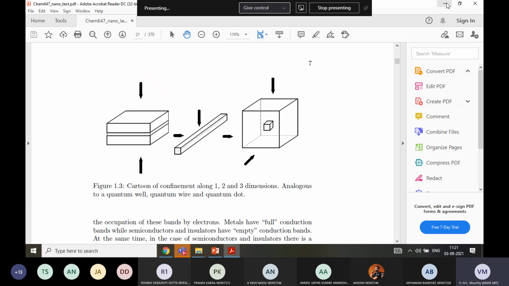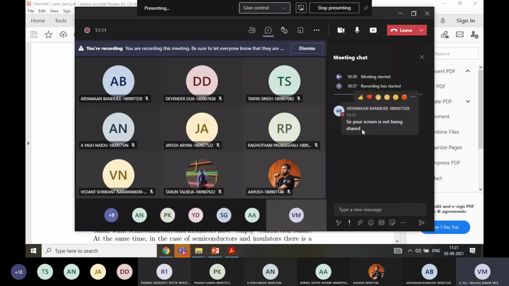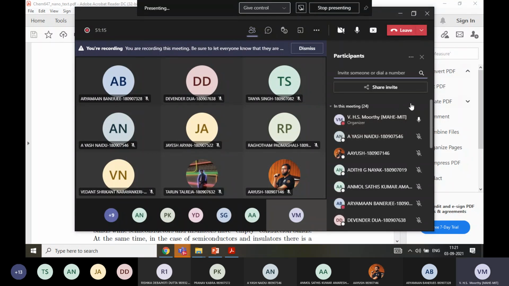However, in x and y direction, the electrons can move freely. That means it can take continuous energy levels. OK, I hope you got my point. If you have any doubts, please let me know.